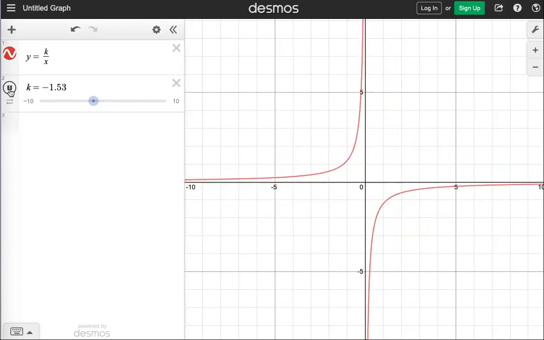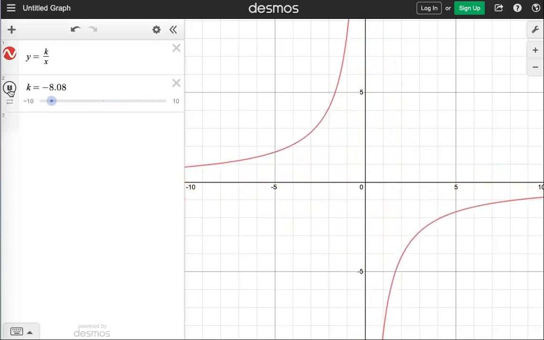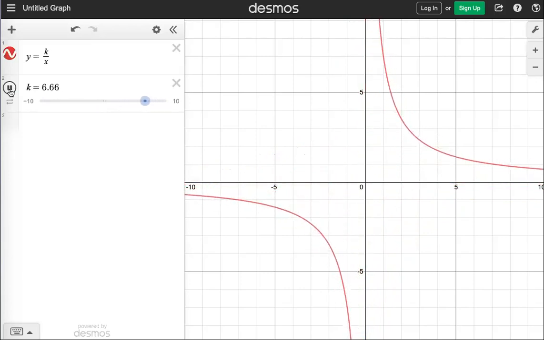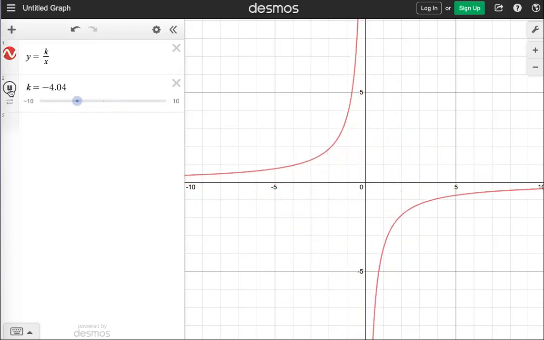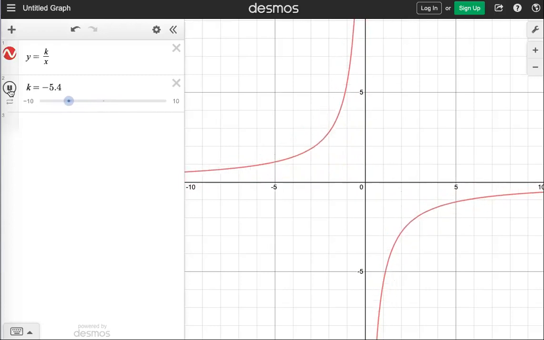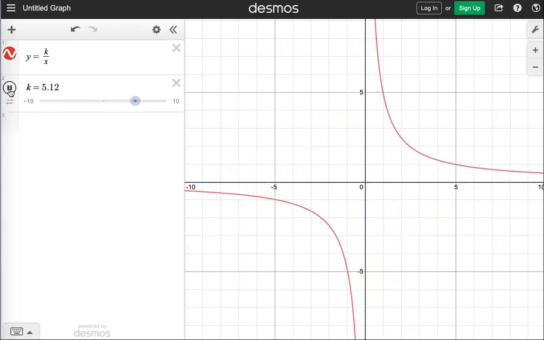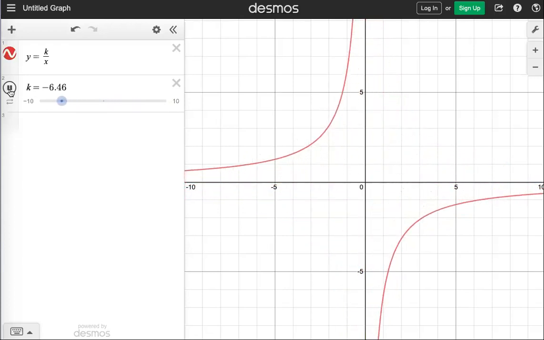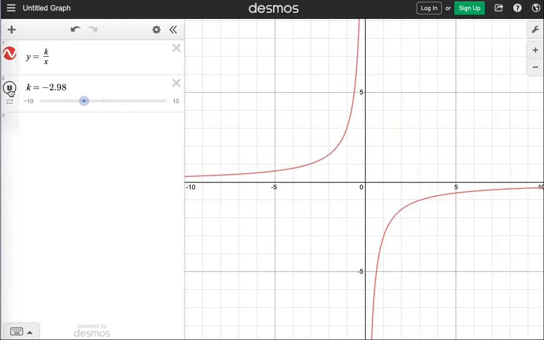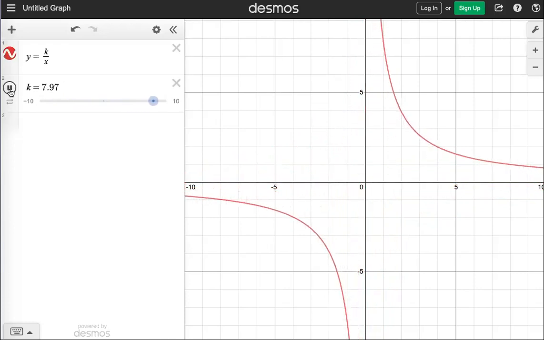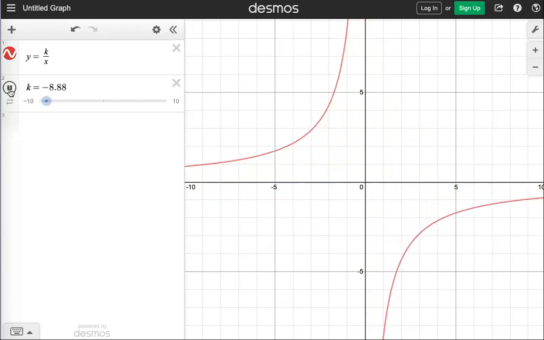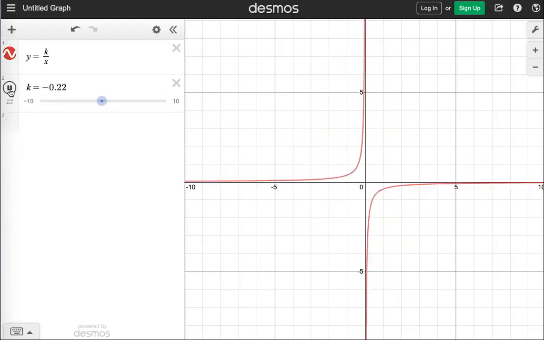I'm letting k be any number between -10 and +10. And that's showing you how the hyperbola takes its shape. So the hyperbola is always going to be two different U shapes. They're the same graph though. So the hyperbola is going to be two U shapes pointing away from each other. And that's inverse variation.